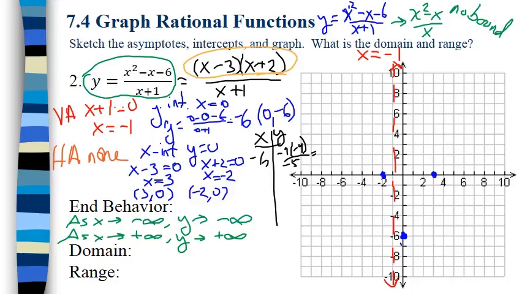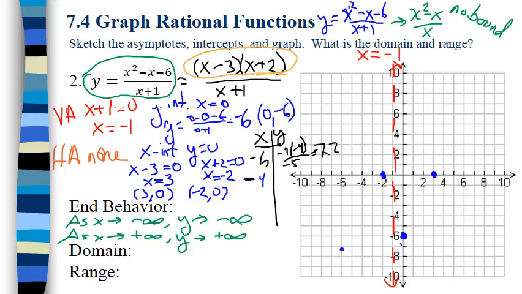So 36 over negative 5 is about negative 7.2. So (negative 6, negative 7.2) is approximately here. So it looks like it would help us to get a value that's in between negative 2 and negative 6. So let's pick negative 4.